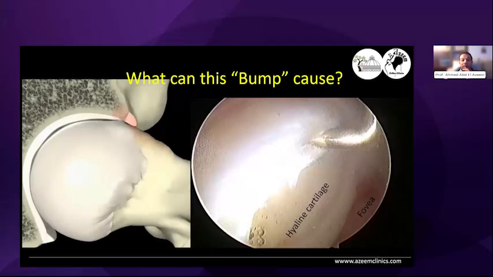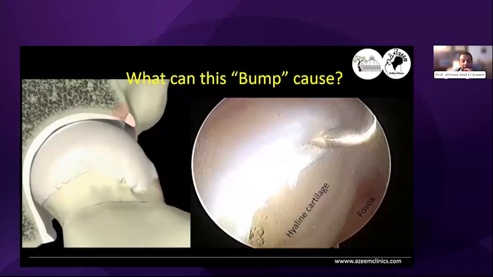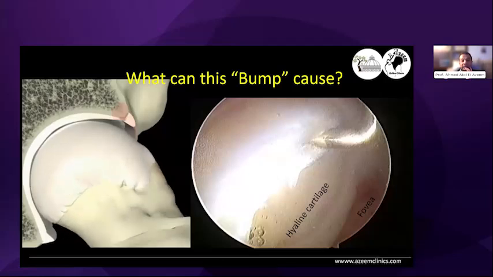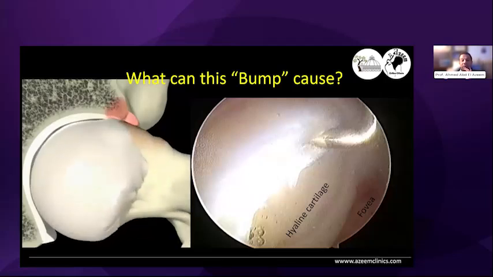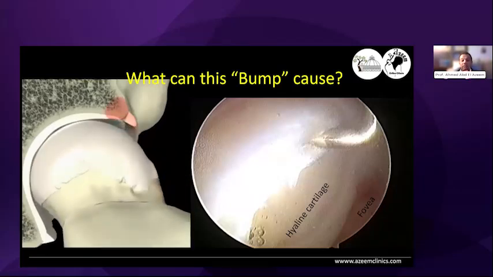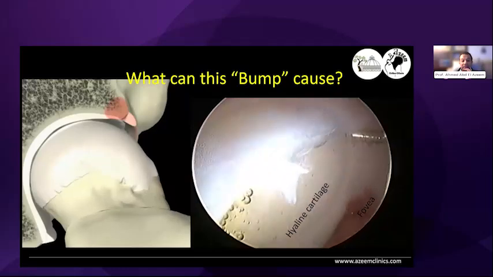So what happens? This bump, with hip flexion, abuts against the periphery of the acetabulum, pushing the labrum outwards and tearing the labrum at its base.